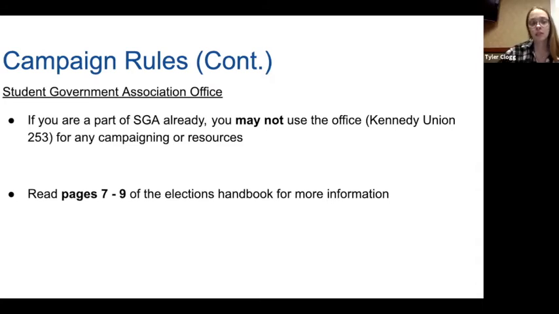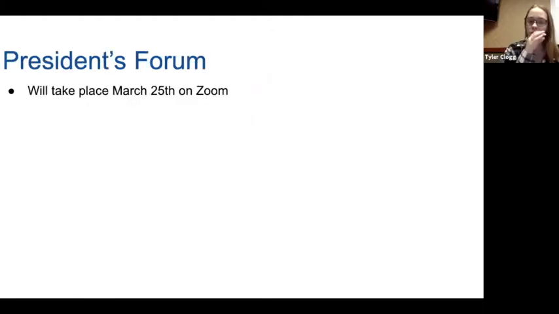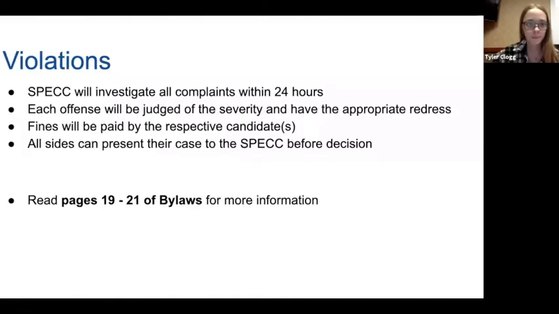If you need to look at any more campaign rules, please read pages 7 through 9 of the elections handbook. So the presidential forum will take place March 25th on Zoom. For those of you who are running for president and vice president, we will be getting the link out to you probably within the first week of campaigning.